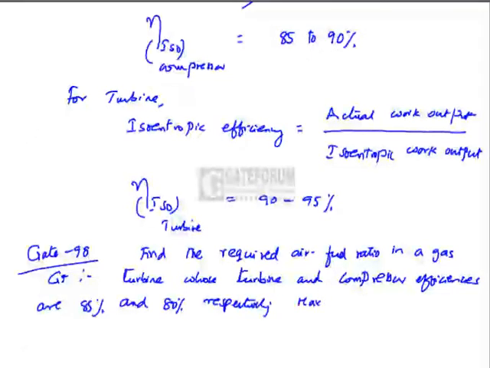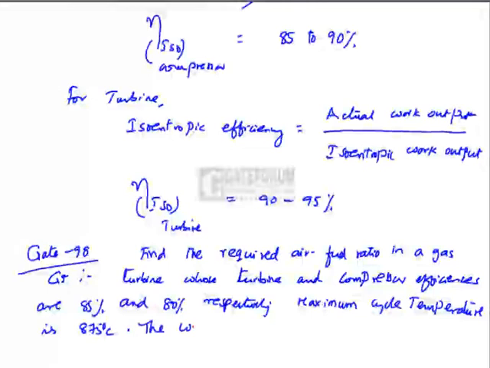Maximum cycle temperature is 875 degrees centigrade. The working fluid can be taken as air. Cp is equal to 1 kilojoule per kg Kelvin.